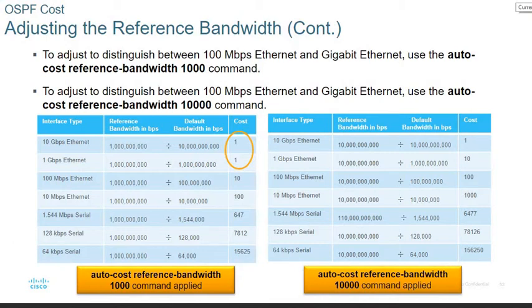Serial 1,544,064, 128 kbps serial 128,078, 64 kbps serial 64,156,250.